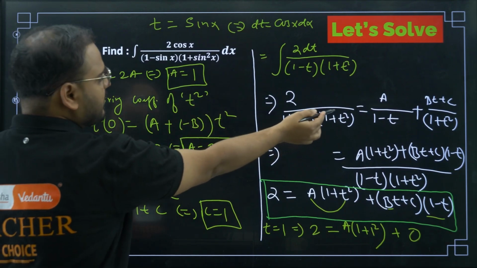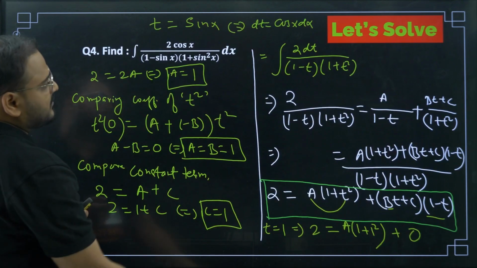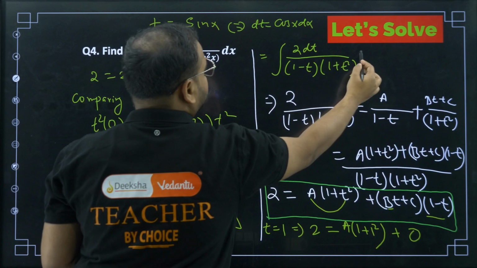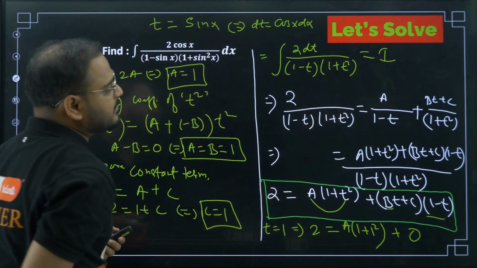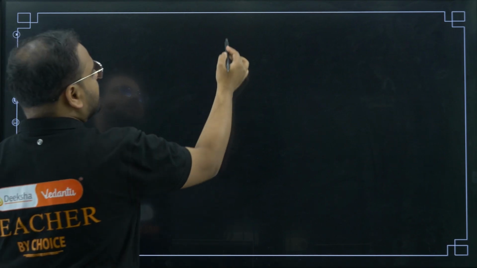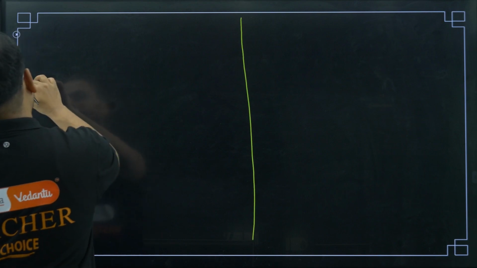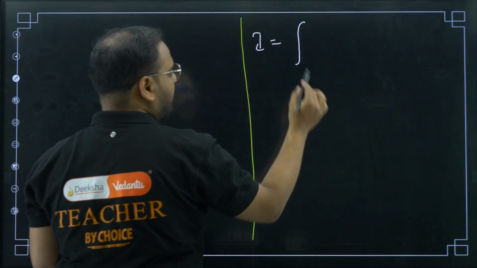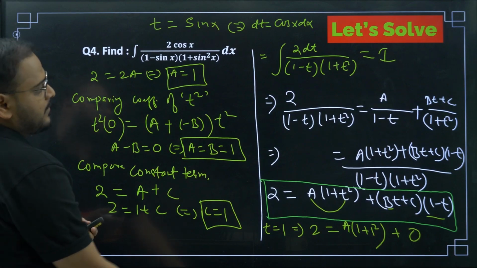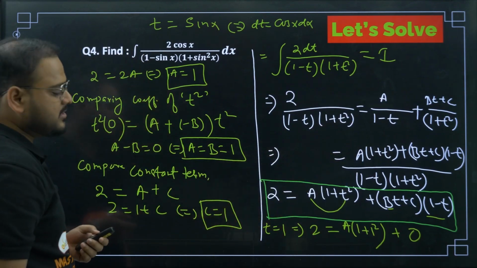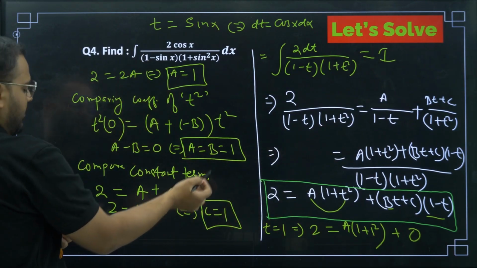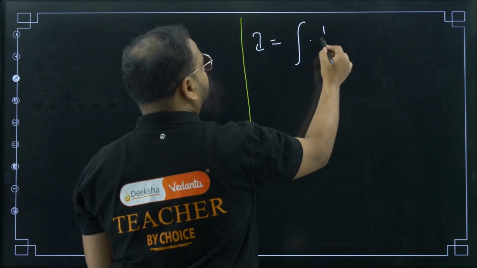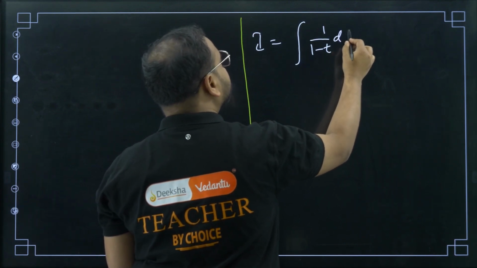So this expression will become what? Please have a look. If I take this integration as I, it will become I equals integral of a upon 1 minus t. What is a? 1. So 1 upon 1 minus t dt will come.